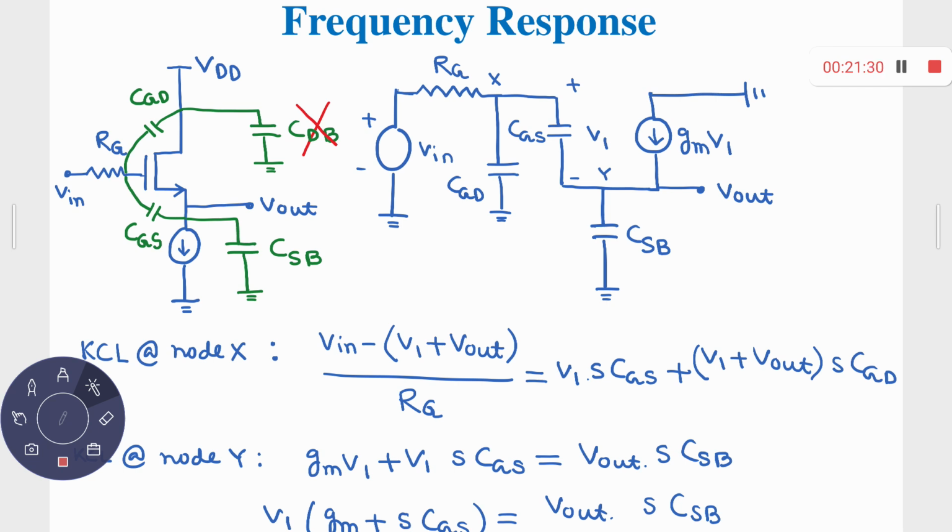Drain is connected to VDD, that means AC ground. Body for MOS is connected to DC ground. Therefore, CDB will not be there.